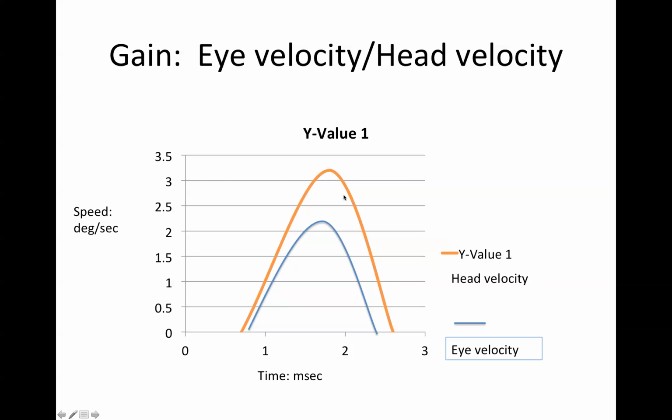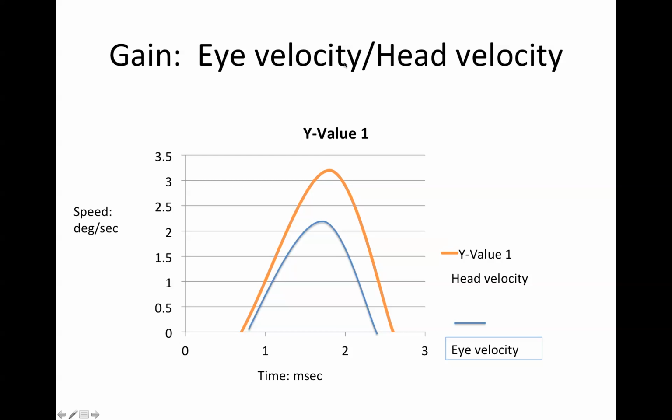But this is what happens with our vestibular hypofunction people, okay? Now our gain, or our eye velocity over head velocity in a formula, would no longer equal 1. Okay, so if head velocity was 100 degrees per second and eye velocity was 100 degrees per second, 100 over 100 equals 1. All right.